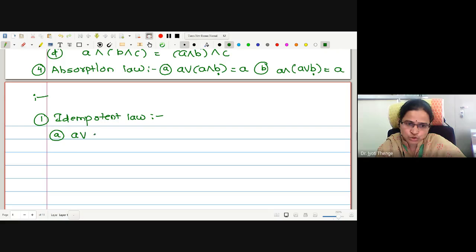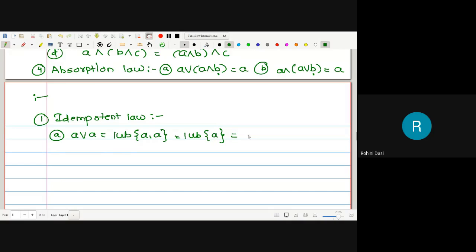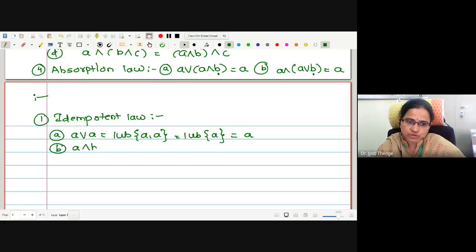What is A join A? According to the definition, this is the least upper bound of the set A and A, which is actually least upper bound of a singleton set A. And what is the least upper bound of singleton set A? A itself. Correct. Same conclusion is there for the greatest lower bound.